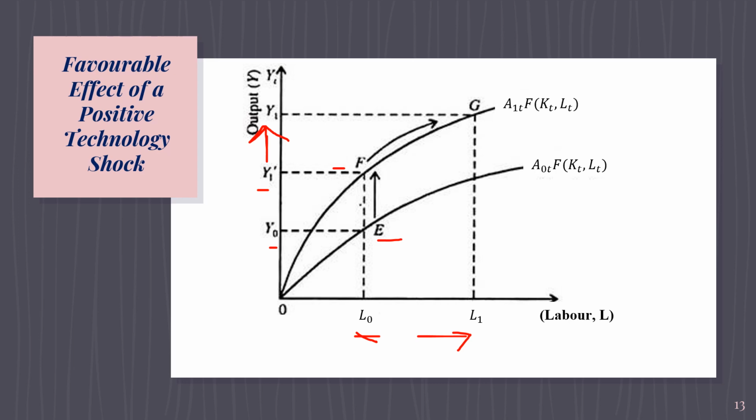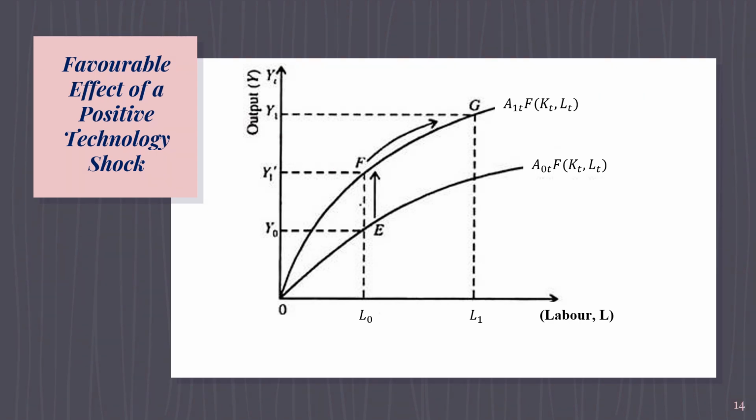This increase in saving will lead to an increase in investment that will cause additions to the stock of capital in the next period. So basically, saving at time period t will lead to an increase in investment at time period t.